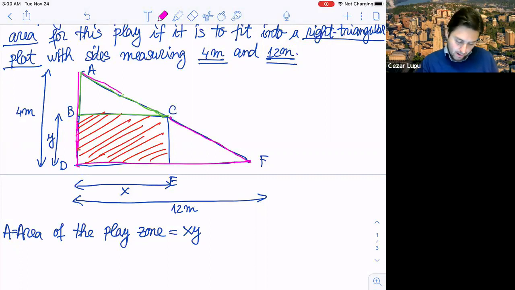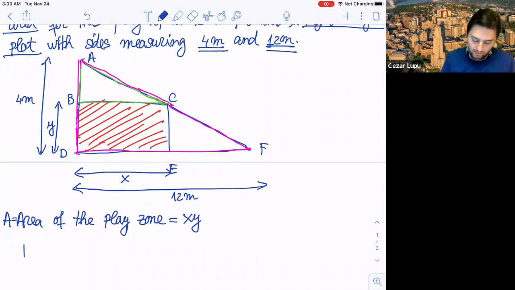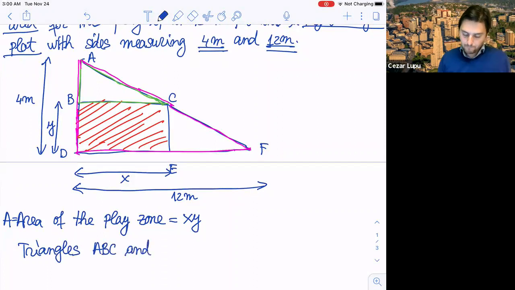So we want to look at this guy as well. Well, what can you tell me about these two triangles if you look at them? Well, they're kind of similar. So the corresponding sides, well, they're corresponding triangles, if you want to put it like this. So their corresponding sides are proportional. So the triangles, let's write it like this, triangles ABC and ADF are corresponding triangles.